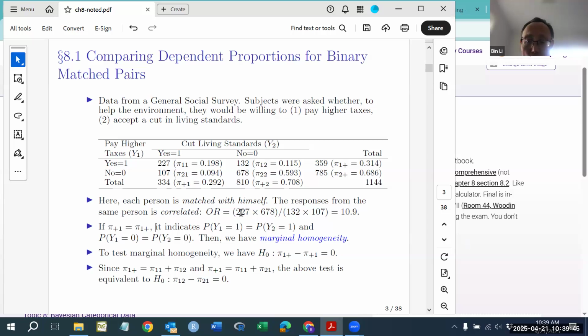So we can see here the odds ratio is 10.9. So what does 10.9 mean?